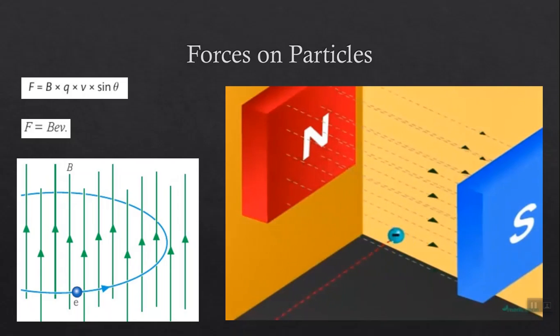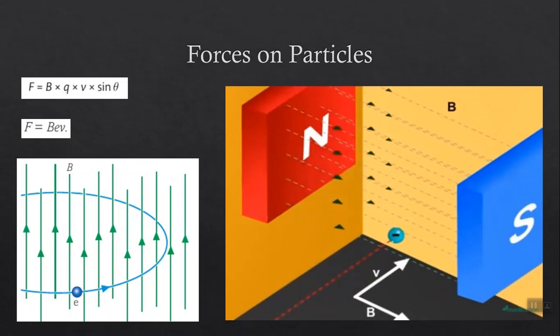To keep it simple, I'll explain again. If a charged particle is moving in a perpendicular magnetic field, it always experiences a force that is perpendicular to both the direction of motion and the magnetic field.